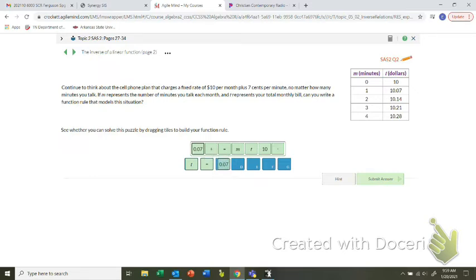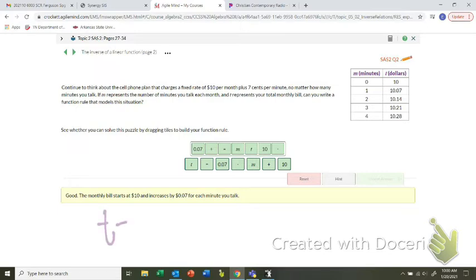The 7 cents times each minute, plus, what's that y-intercept? What is that fixed rate? Our 10. So it could also be written as T equals 0.07 m plus 10.